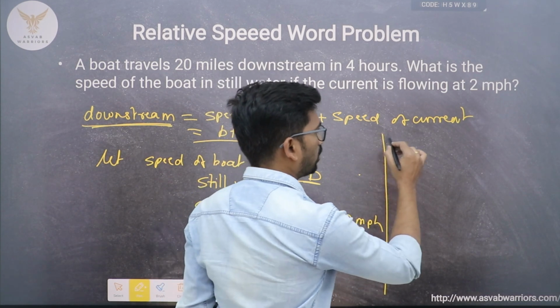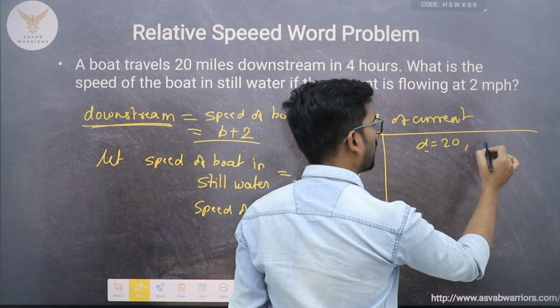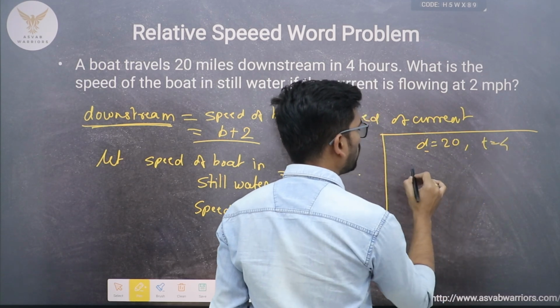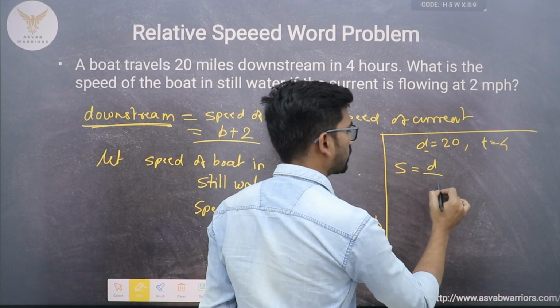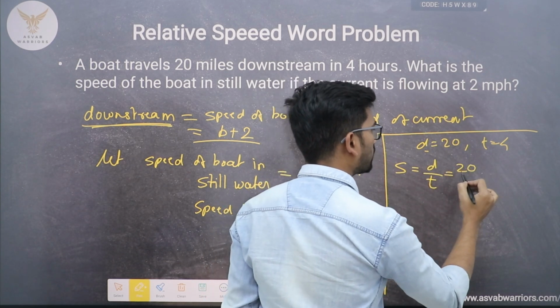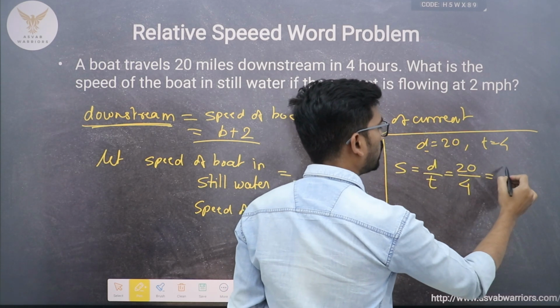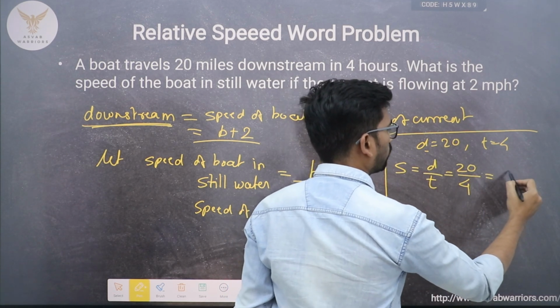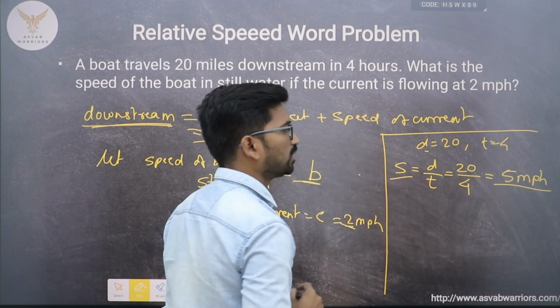Distance traveled is 20 miles, time taken is 4 hours. What will be the speed? We have the formula for speed, which is distance divided by time. The distance is 20 and time is 4 hours. So 4 fives are 20, so 5 miles per hour will be the speed.